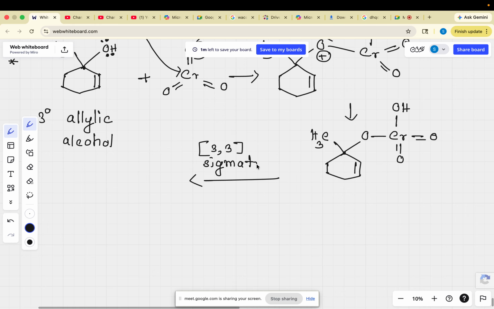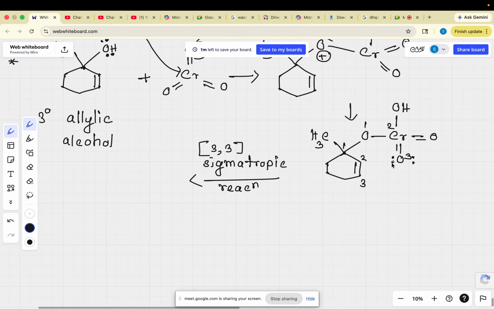Mark this oxygen as 1, chromium as 2, and this oxygen as 3. Now this tertiary carbon is 1, this is 2, and this is 3. This is also 1, 2, 3.